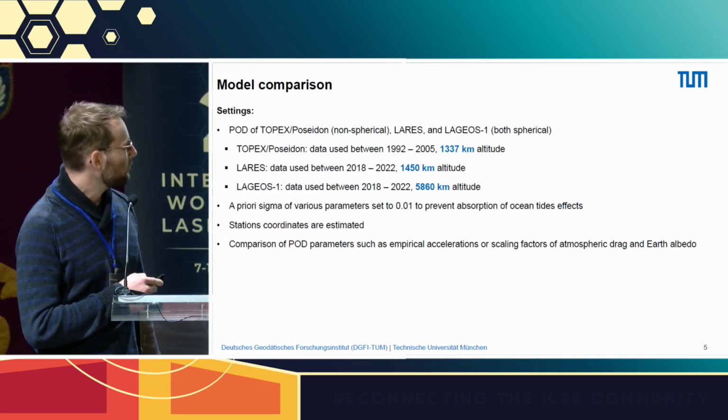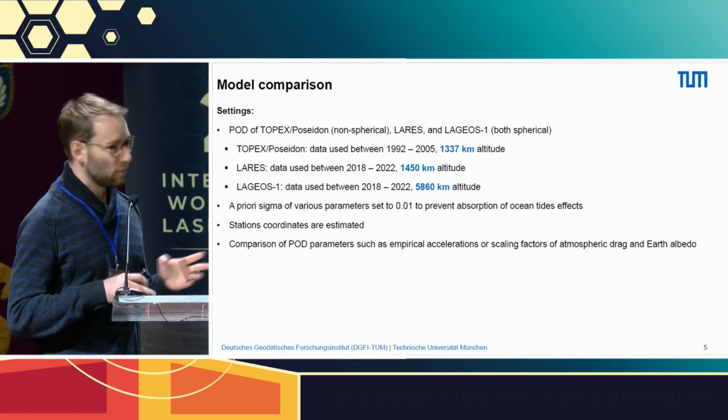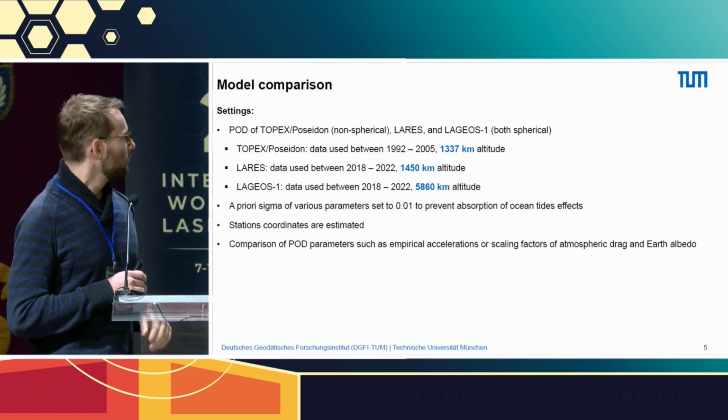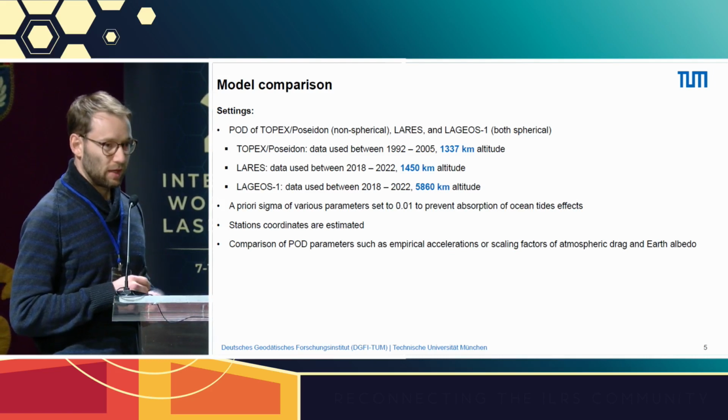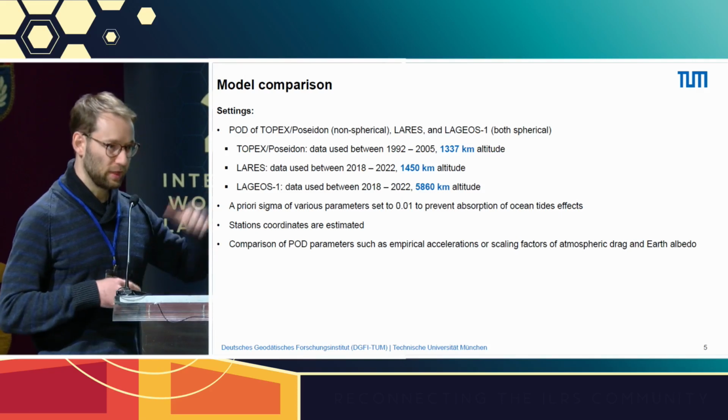You can clearly see that they fly at completely different heights, from 1,300 to over 5,000 kilometers. I wanted to know which effects the models have on satellites at different heights.